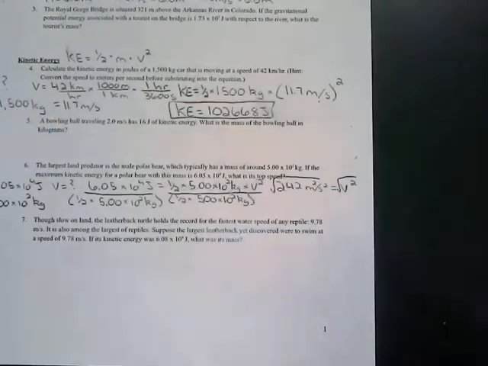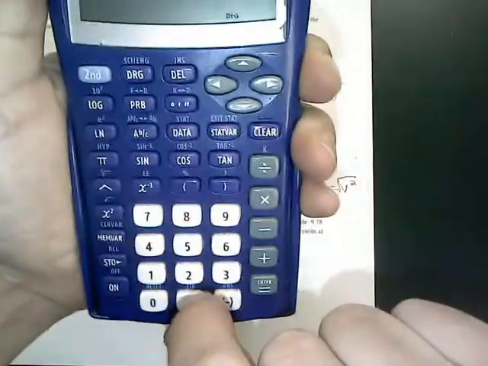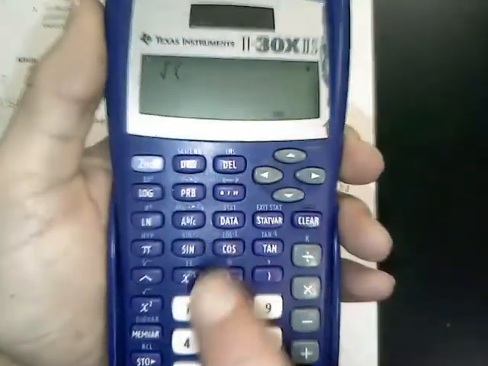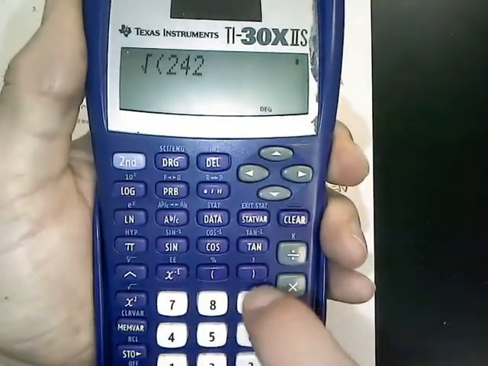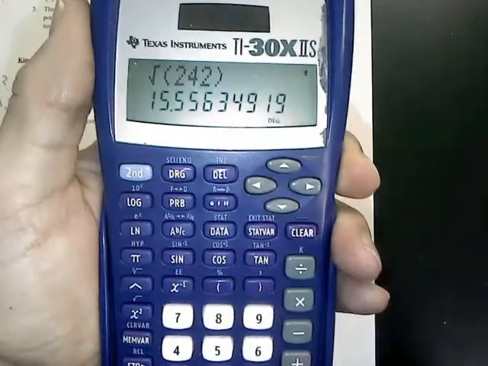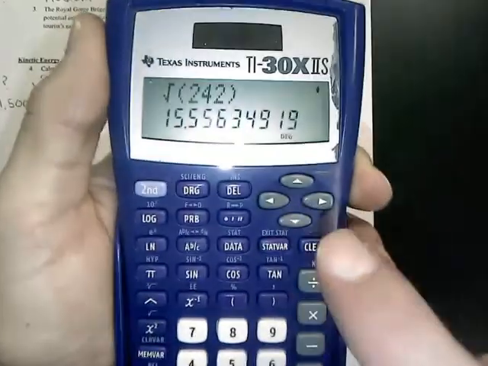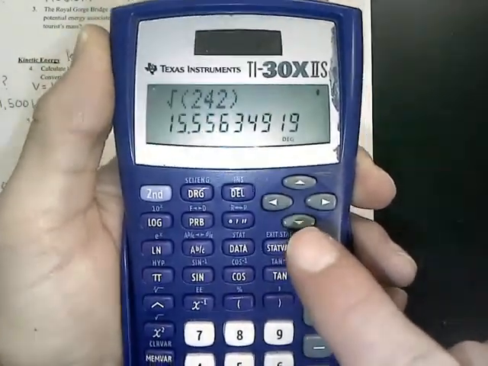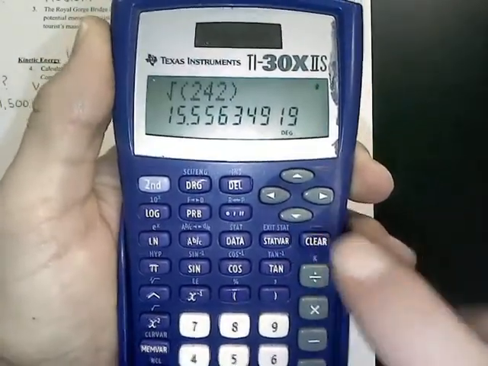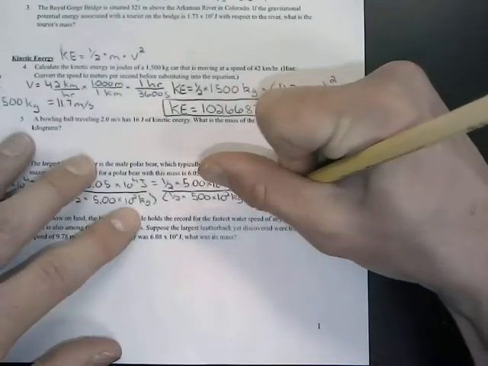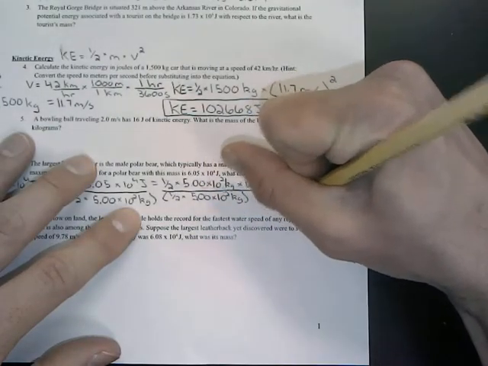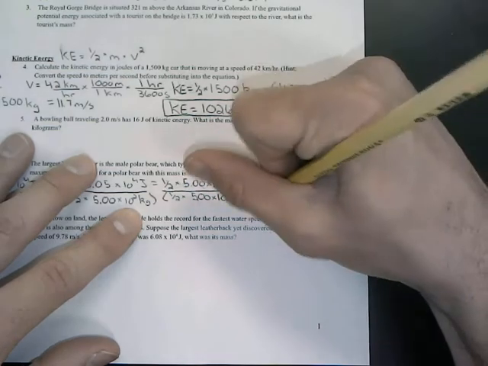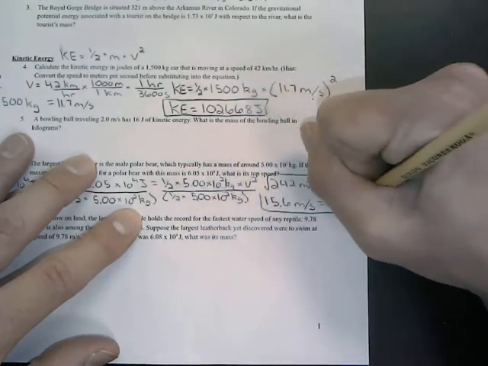So what we're going to do in our calculators is we are going to take the square root button. We're going to put 242 inside the set of parentheses, and that velocity, we're going to round to one decimal here, is 15.6 meters per second. So 15.6 meters per second equals our V for velocity.